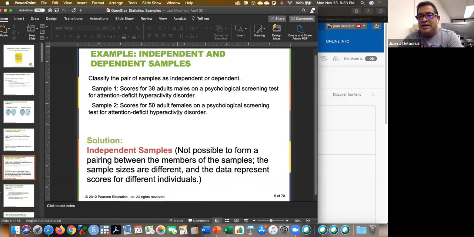If you are doing a study, in many cases you have to be very clear about these kinds of things nowadays, with different identifications. But in this case, it's very clear: we have males versus females. So we can do this kind of sampling to see, for example, who is more likely to suffer attention deficit disorders, and that might be the goal of this study, right?